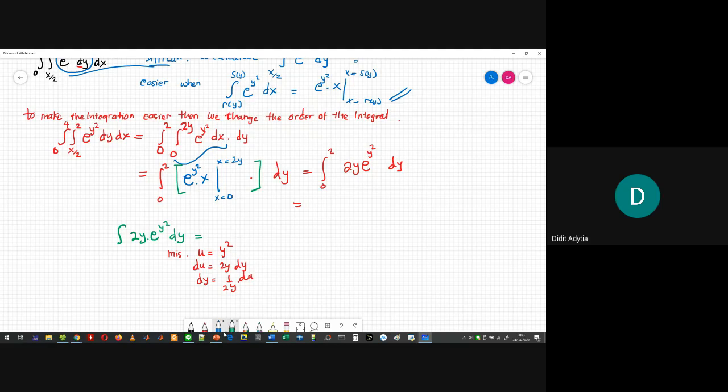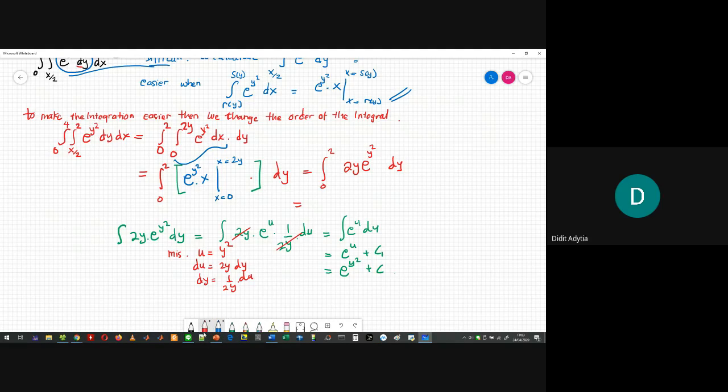Then I replace it into 2y e to the power of u, times 1 over 2y du, and then I delete it. And then it becomes the integral of e to the u du, which is e to the u plus c. I replace it again: e to the y squared plus c.